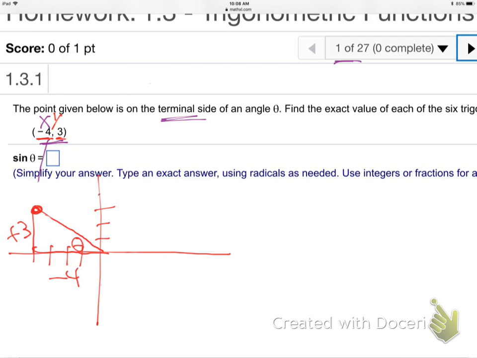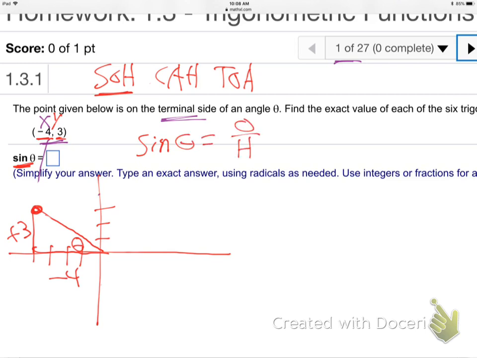Another way is, well, let me say what I do. I use SOHCAHTOA. So what do I mean? I'm trying to find sine. What is sine of theta going to equal? Opposite over hypotenuse, right? SOHCAHTOA.